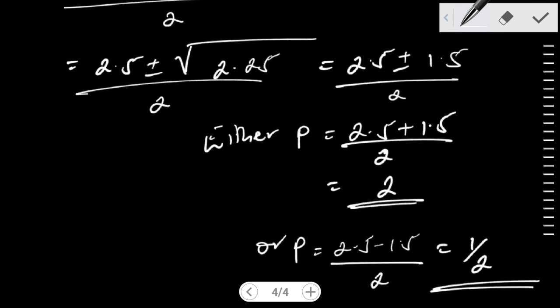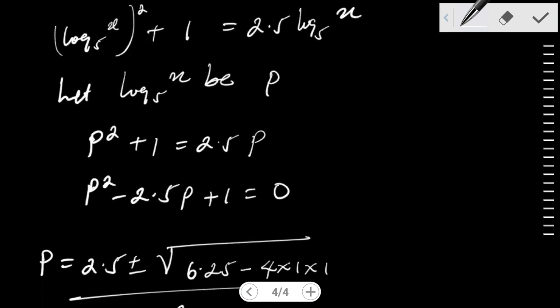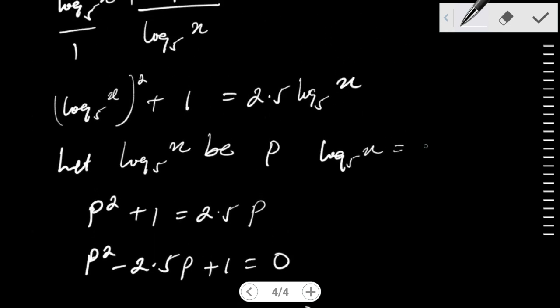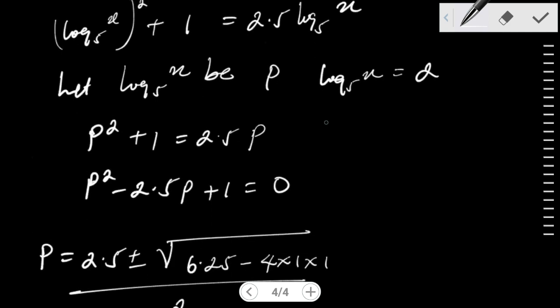But remember, p had its own expression, and therefore, if p is log base 5 of x, now we have the values. For example, we're having 2, and also log base 5 of x was equals to 1 out of 2. So let's get the two values of x.